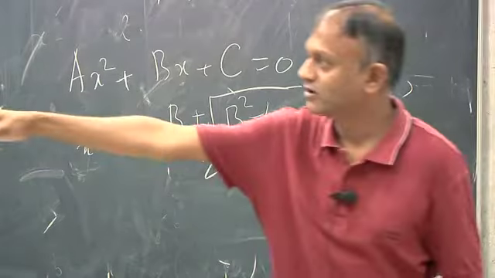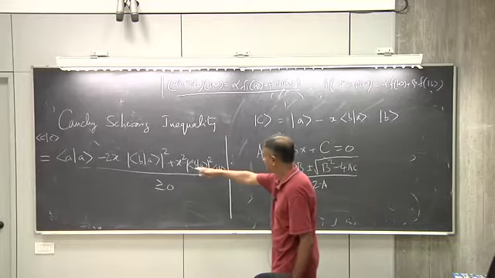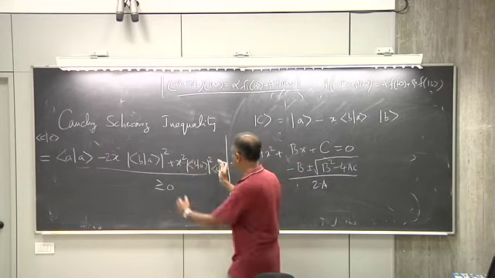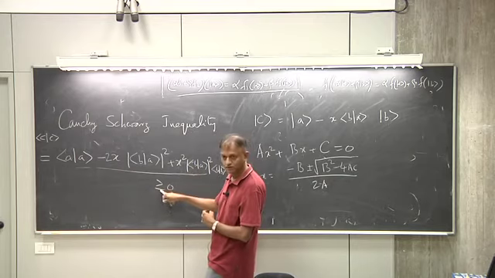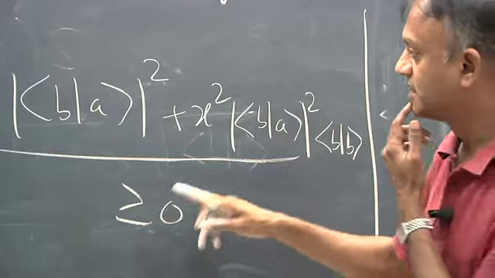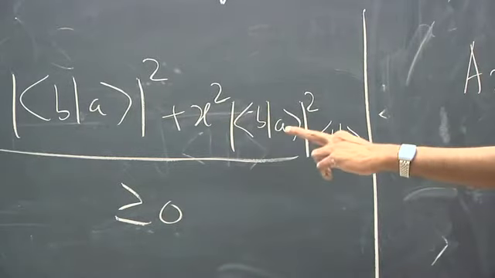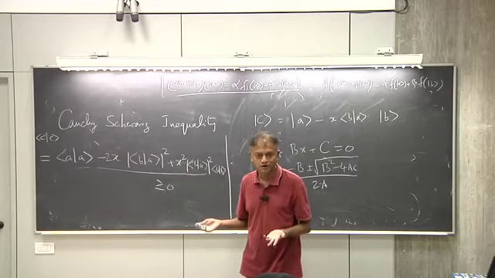So now let us see what that means here. For this particular case, again it's a quadratic equation. I want to see when this can be 0. We see this is greater than or equal to 0. Let's look at when this will be 0. If this is 0, then x must satisfy this solution. It must be a solution of this quadratic equation.